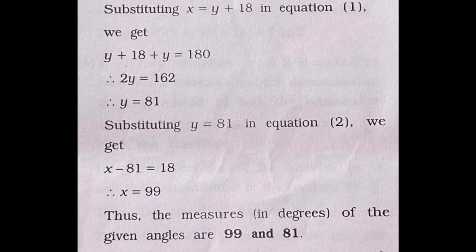So 2y is equal to 162 and y is equal to 81. Now substituting y is equal to 81 in equation number 2, we will get x minus 81 is equal to 18. So x is equal to 99. Thus the measures of the given angles are 99 and 81. And if we add these two, it will become 180. You can check it if you want.